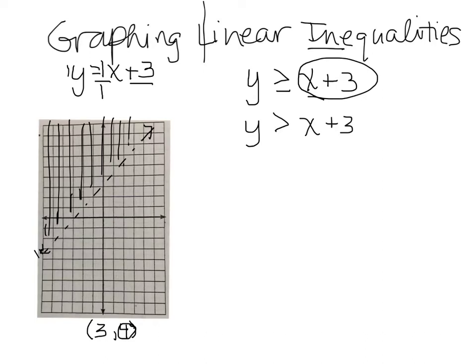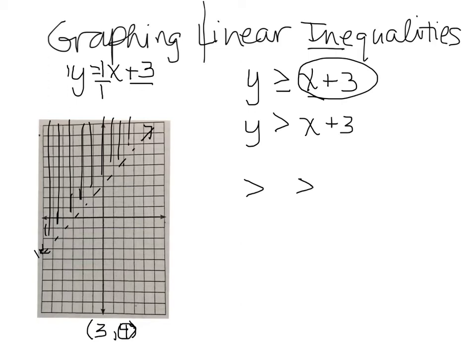So the summary for what the symbols mean and the shading and the lines are that if I have greater than or equal to, this isn't the way that I did it in class. I want to be consistent. Sorry.